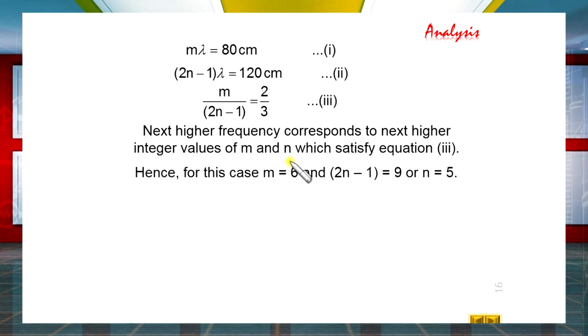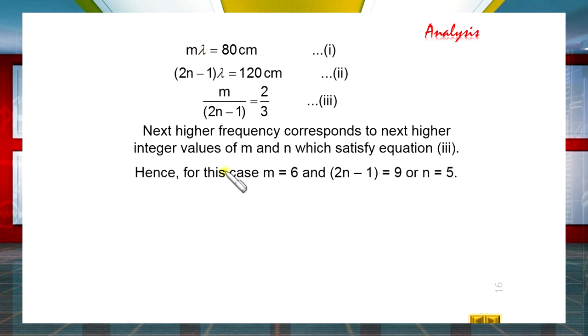And we can observe here m and n both are integers. That means this value is permitted. That means for the next higher oscillation, m should be equal to 6 and n should be equal to 5. If we substitute the value of m in equation number 1, we can get the wavelength corresponding to the next higher oscillation.